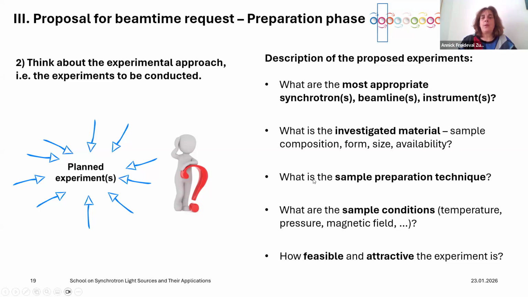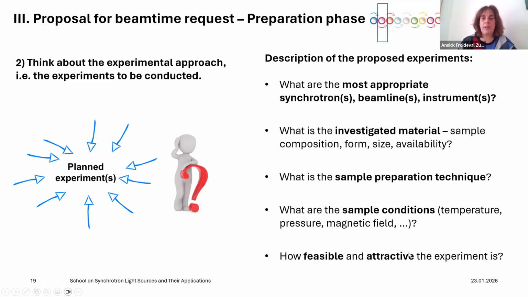Then you think about what is the sample preparation technique you would like to use. What are the sample conditions you want to use as well, in terms of temperature, maybe pressure, magnetic field, and then how feasible and attractive the experiment is.